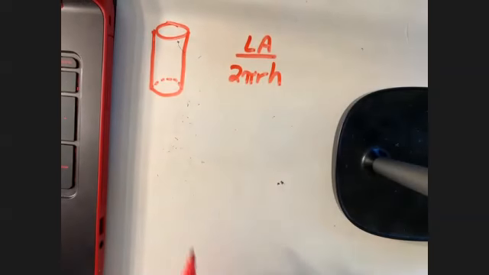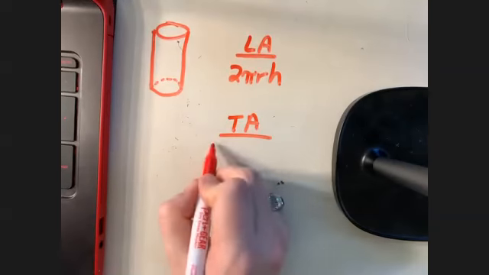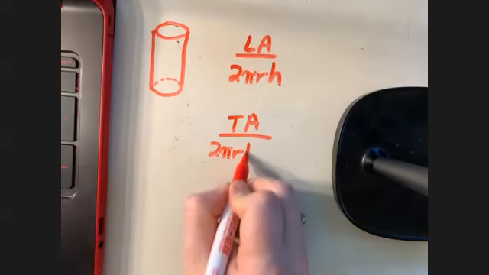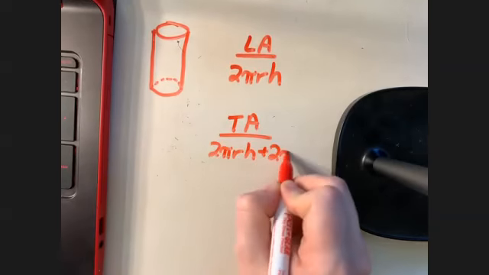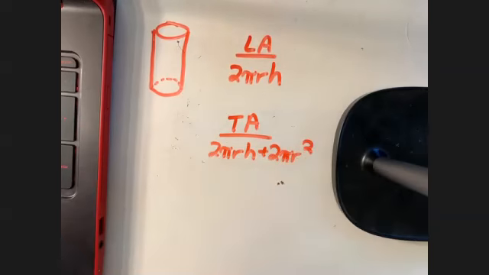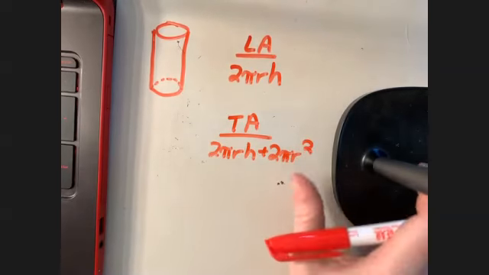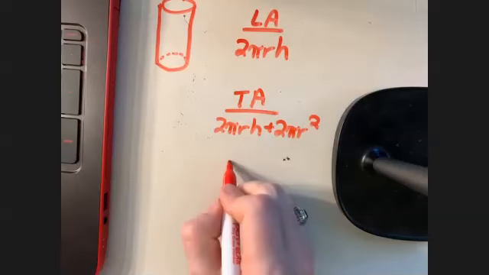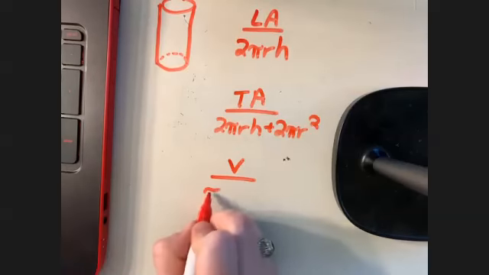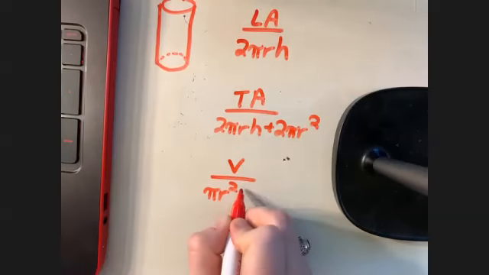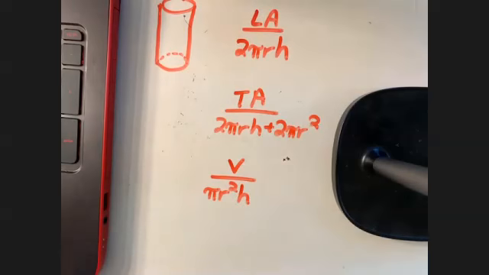For total area, we're going to do 2 pi r h plus 2 pi r squared. And then volume is going to be pi r squared h. So those are our formulas for the cylinder.